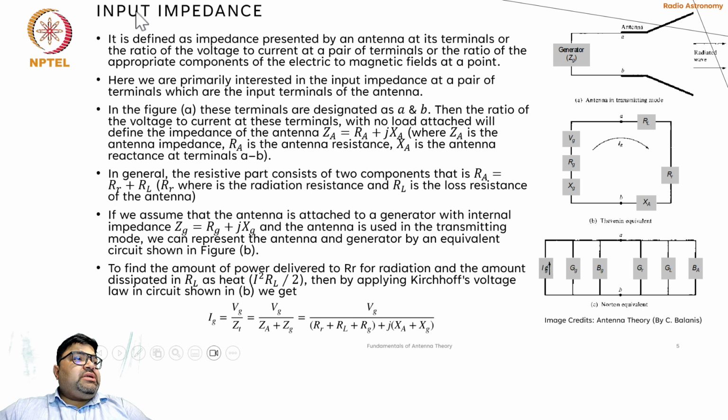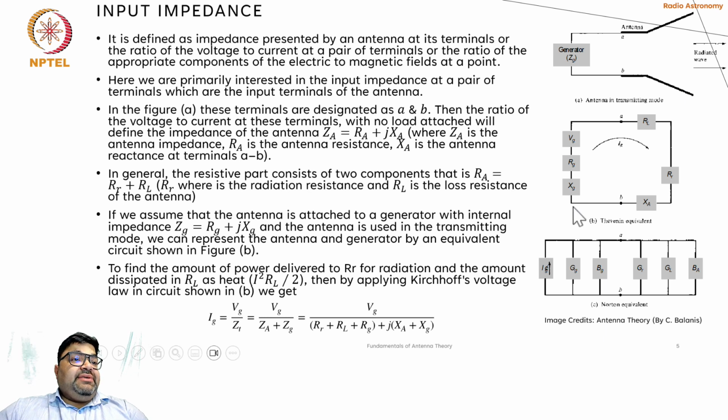So the next important parameter to discuss will be input impedance. We started a little bit, and this is mostly for completeness of the discussion. It is defined as the impedance presented by an antenna at its terminals, or the ratio of the voltage to current at a pair of terminals, or the ratio of the appropriate components of the electric to magnetic fields at a given point. Now, typically it is a generator, and you see a transmission line ending up in an antenna.